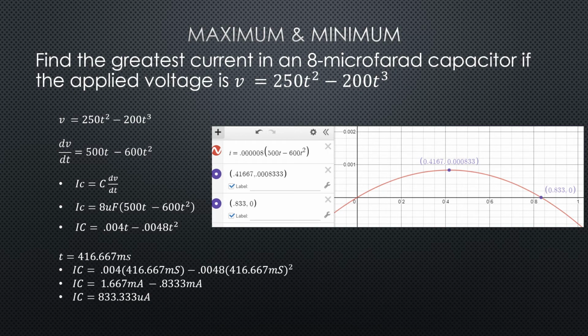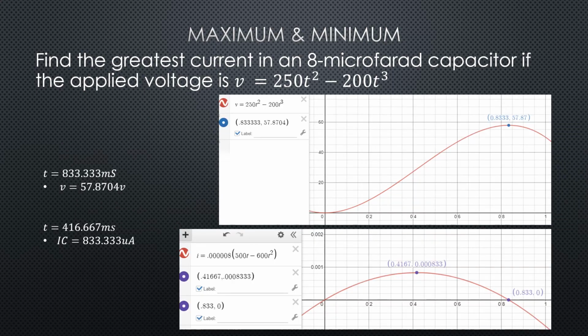And here's a graph in Desmos where I've plotted the current formula and the two data points, the time 416.667 milliseconds versus the 833.333 microamps, and we can see that that in fact lands on our curve, and it's at the max point.